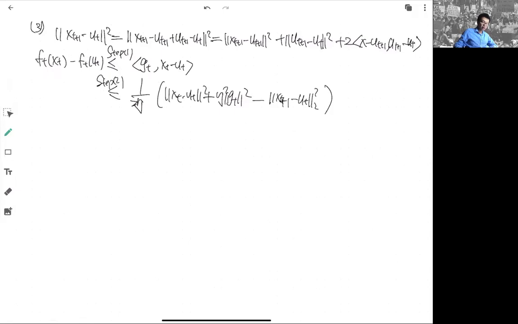Right? So this is applying the second fact. And now let's apply the third fact by replacing the last term with the complicated things right here.